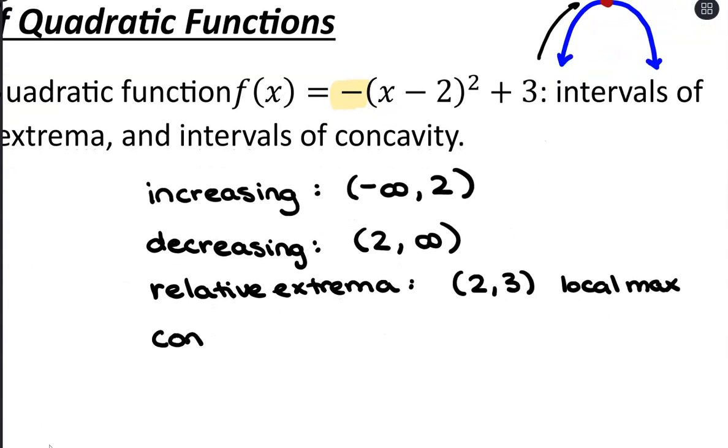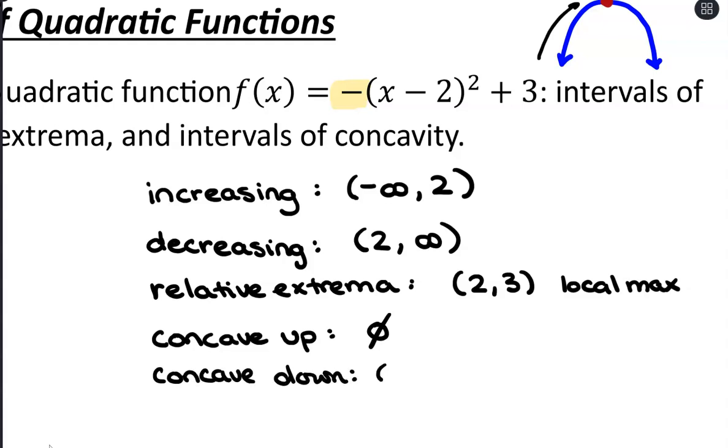Concavity. This parabola is all concave down, and that's going to be true for parabolas. It's either going to be all concave up or all concave down. So if I wanted to describe where it's concave up, that's nowhere, but concave down would be all real numbers. So from negative infinity to positive infinity.